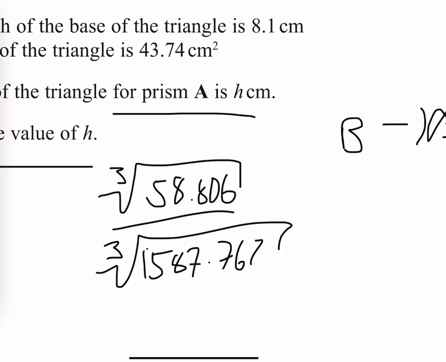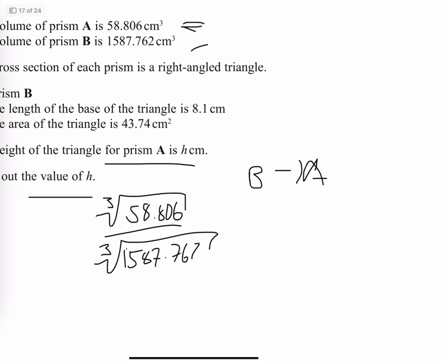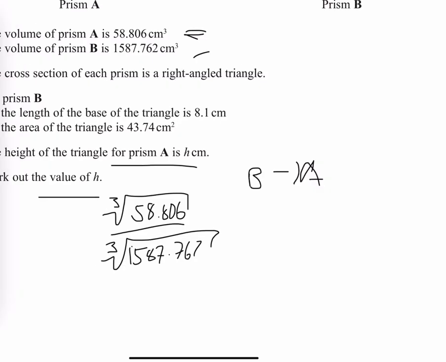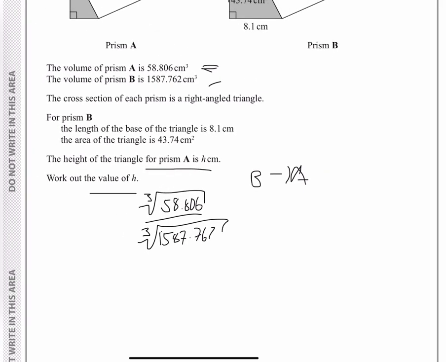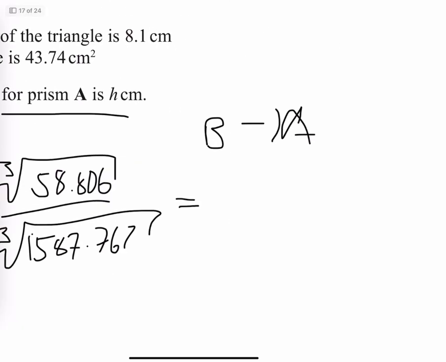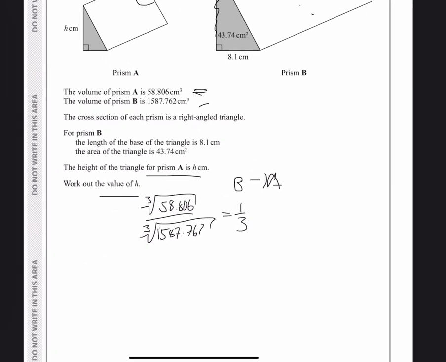Remember fractional powers if your calculator's not letting you write it in any other way. 1587.762. If you're like me and your handwriting's bad, make sure you refer to the actual numbers in the question. Nothing more painful than doing the right maths but with the wrong numbers and losing all your marks. Okay, which, that drops out lovely as a third, which is fantastic, okay?